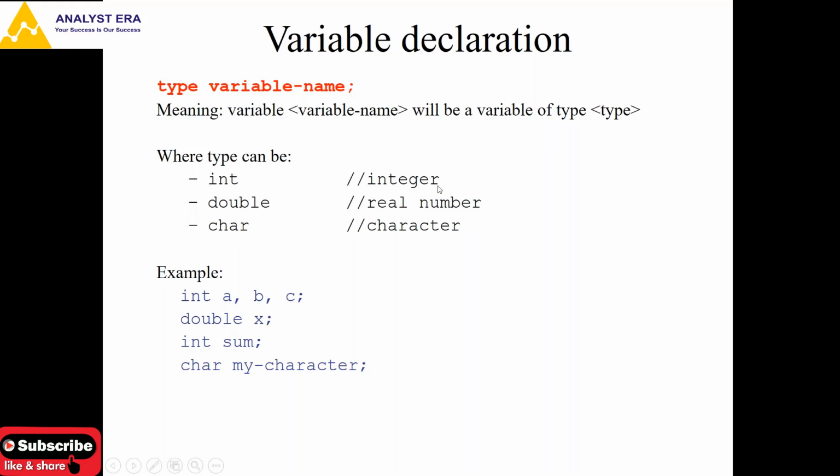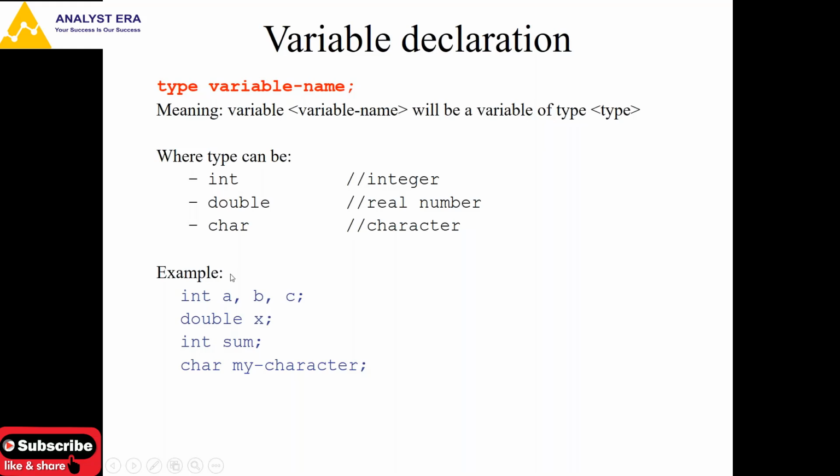Integer is a whole number like 1, 2, 3, 4, and double is a real number, a decimal, like 1.2 or 2.3. Character is any character from A to Z. To store characters we use the char keyword, for decimal values the double keyword, and for whole numbers the integer.